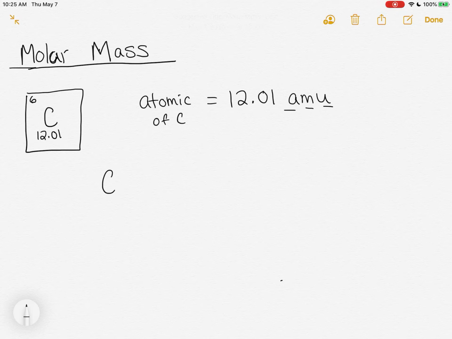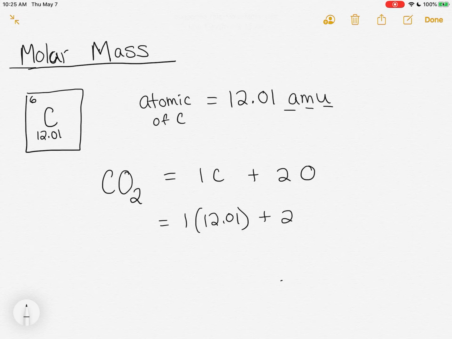If we had, say, a molecule like CO2, its mass would be 1 carbon atom plus 2 oxygen atoms. A carbon atom is 12.01 and oxygen is 16.00.